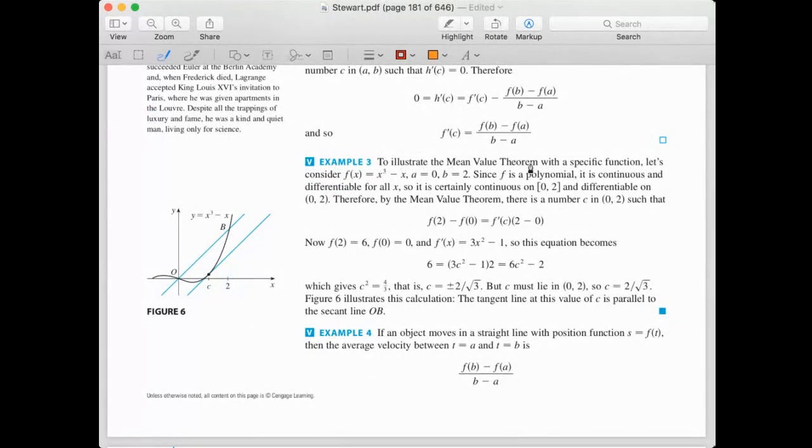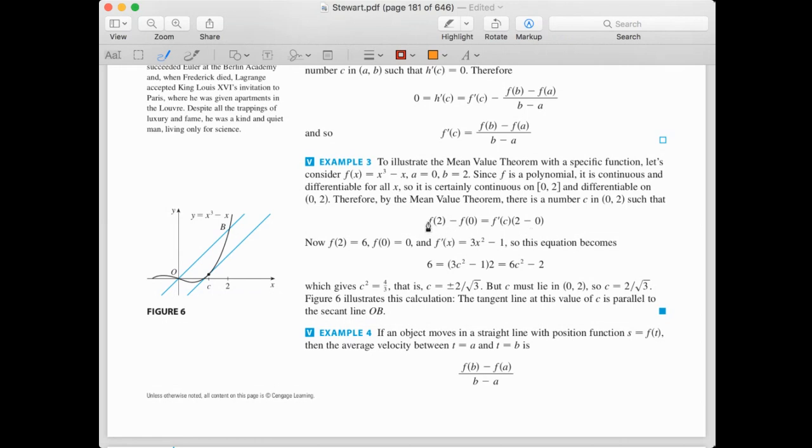Okay, let's see. To illustrate the mean value theorem with a specific function, let's consider f of x equals x cubed minus x, a equals 0, b equals 2. Since f is a polynomial, it's continuous and differentiable for all x. So it's certainly continuous on the closed interval from 0 to 2, and differentiable on the open interval from 0 to 2. So therefore, by the mean value theorem, there's a number c in the interval of 0 and 2 such that f prime of c equals f of 2 minus f of 0 divided by 2 minus 0.